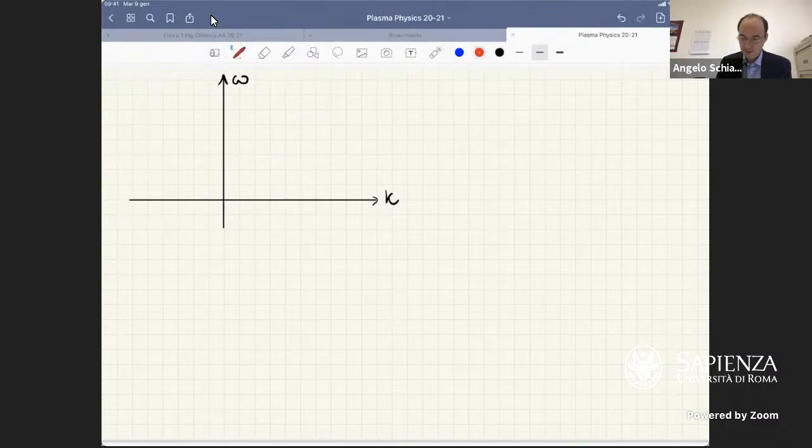So let's give the proper names: omega is the angular frequency of the wave, and k is the wave number.